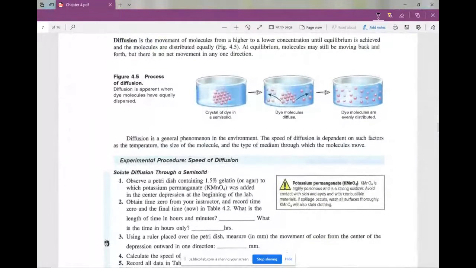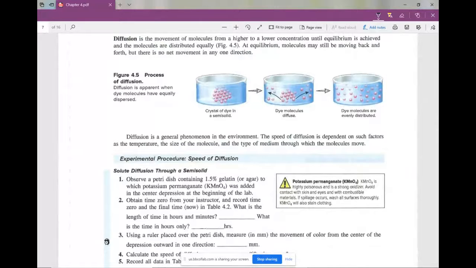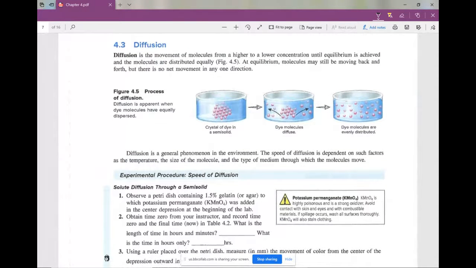Here's an experiment that, of course, we're not able to do. But the idea behind this experiment is to show you how diffusion works through different mediums. So we were going to take a petri dish filled with a semi-solid, which is like Jello, but clear. We call it agar. And we were going to put a crystal of potassium permanganate in the center.